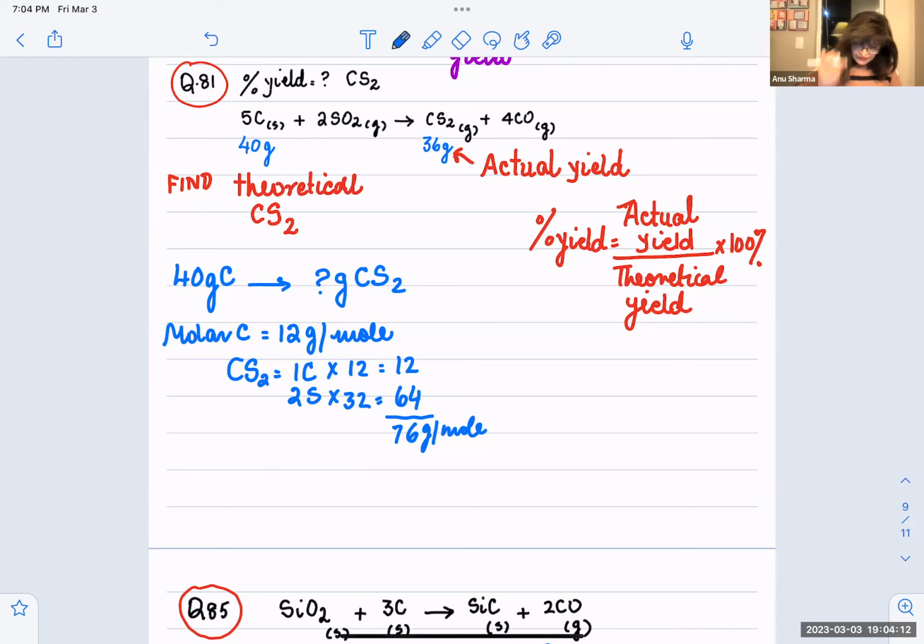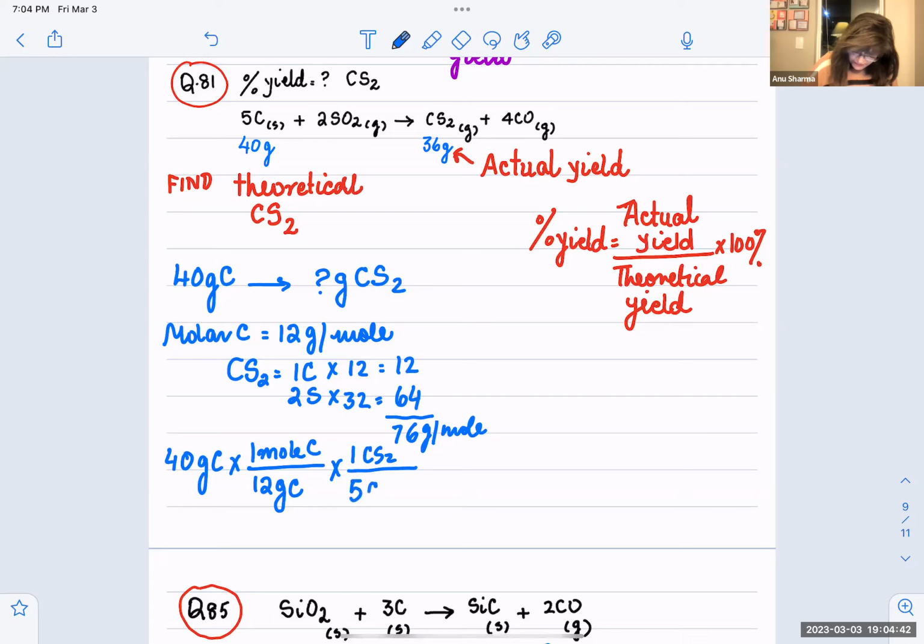Okay, now let's find the theoretical yield. When we use 40 grams of carbon, convert that first to moles. So 1 mole of carbon over 12 grams of carbon, multiplied by the mole ratio. So 1 mole of CS2 is produced when 5 moles of carbon react.